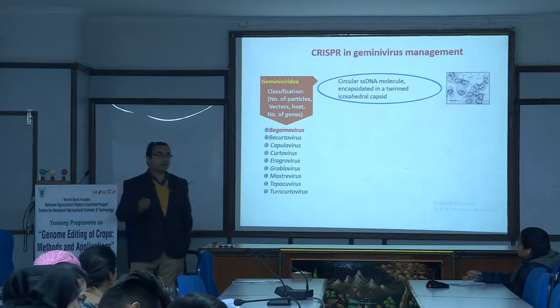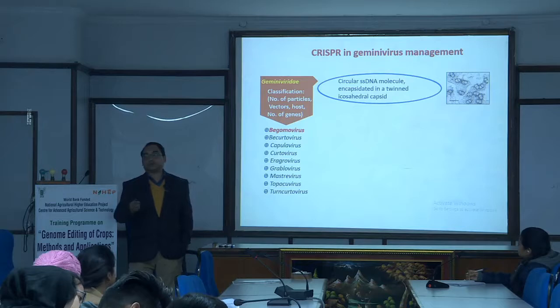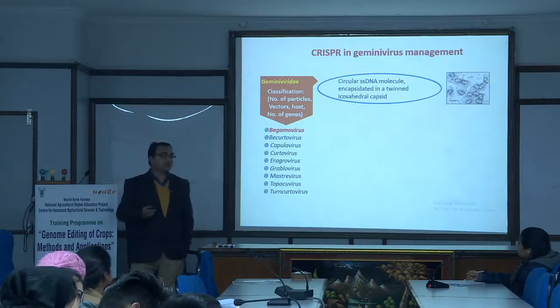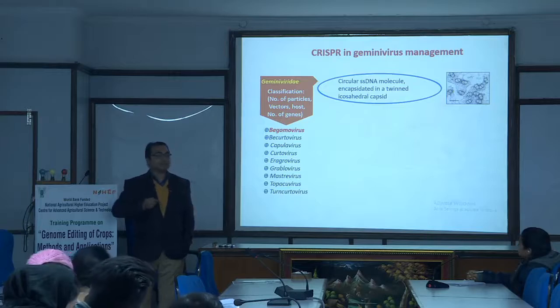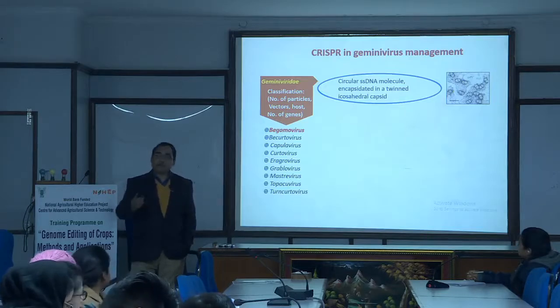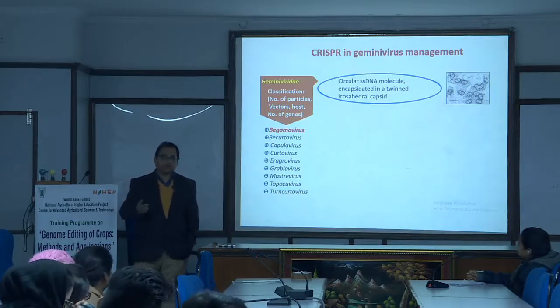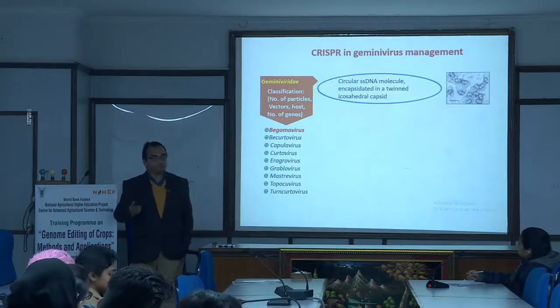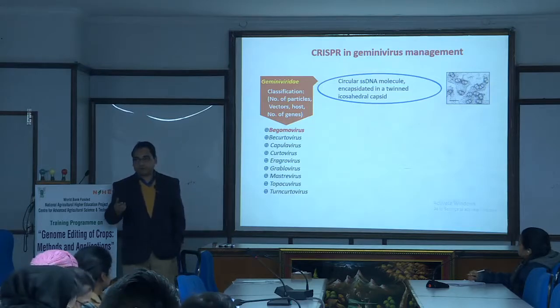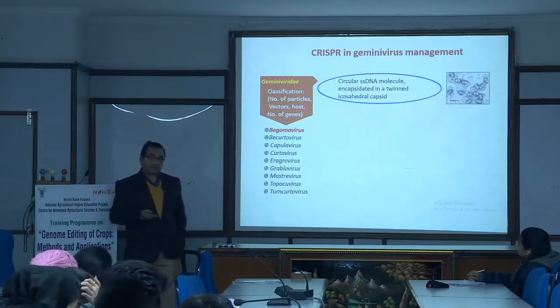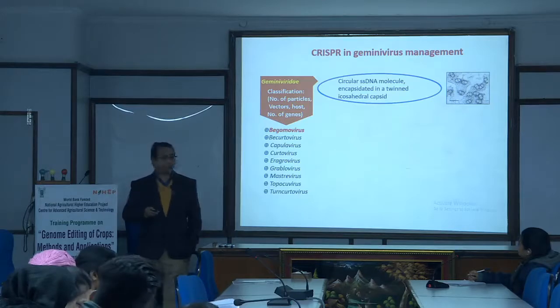The Begomovirus genus contains the largest number of species because this virus can be subjected to a huge amount of mutation and recombination, and due to that mutation and recombination, new virus species evolve very quickly. That is why tackling this virus is also very difficult.